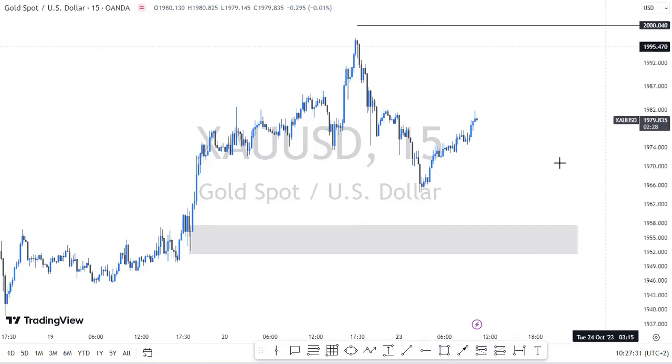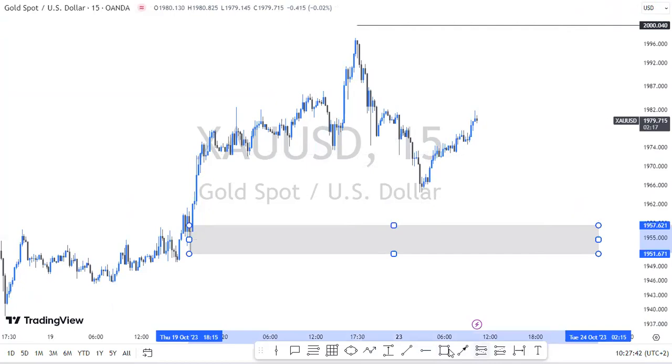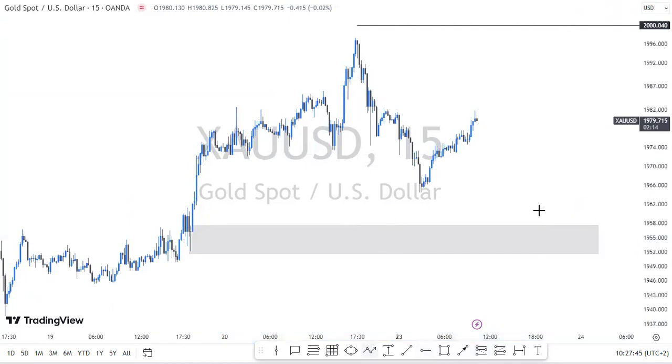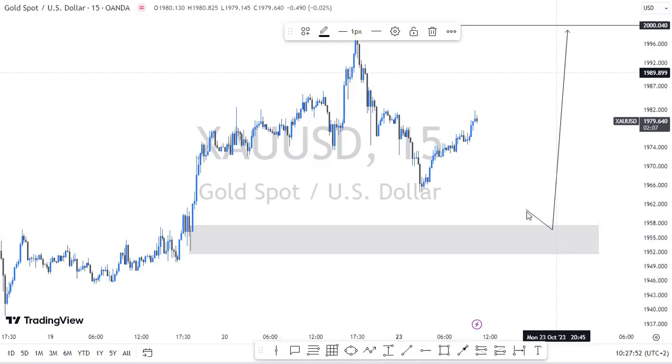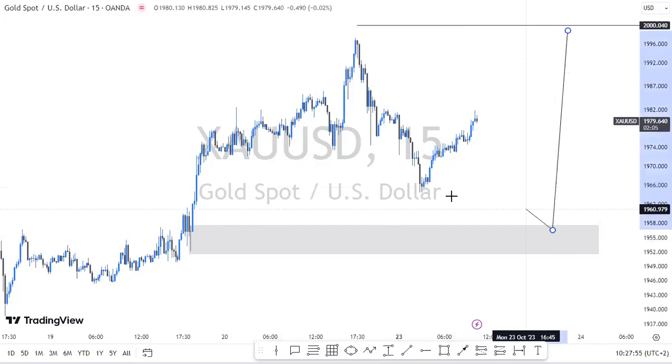So basically, now we're just on $1979.820. So I'm expecting a buy right around this particular zone here. It's plain and simple.